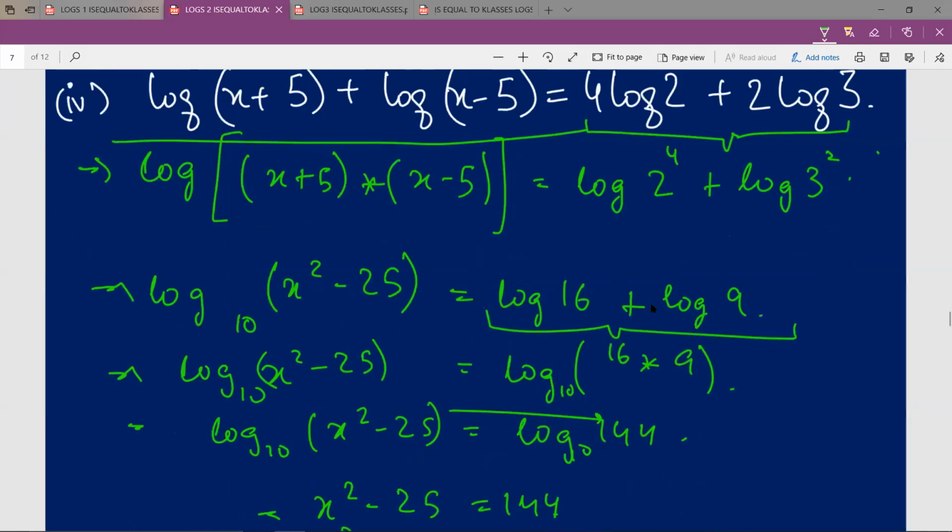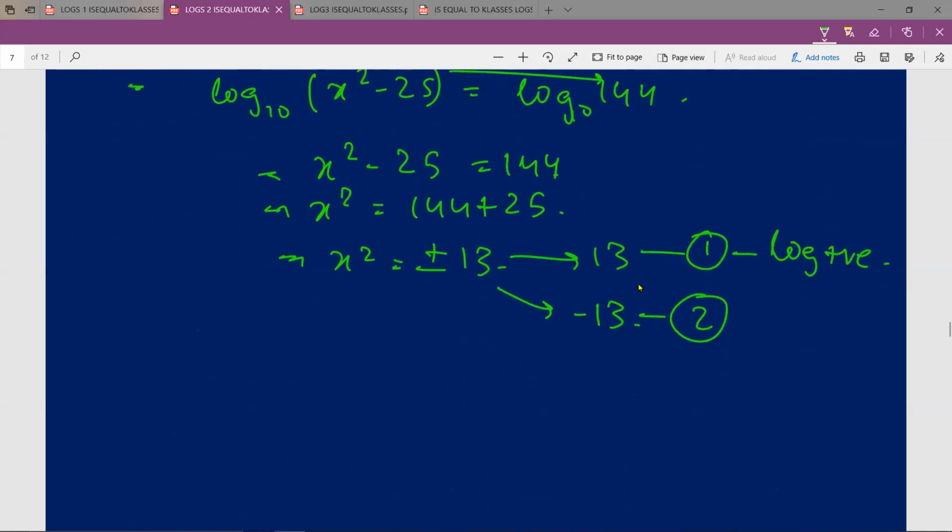So our second answer, we will ignore. So we'll ignore the second answer, and our final answer will be plus 13. So I'll just rub the minus and the square because we had already found out the root of 169. So we'll simply write it as plus 13.